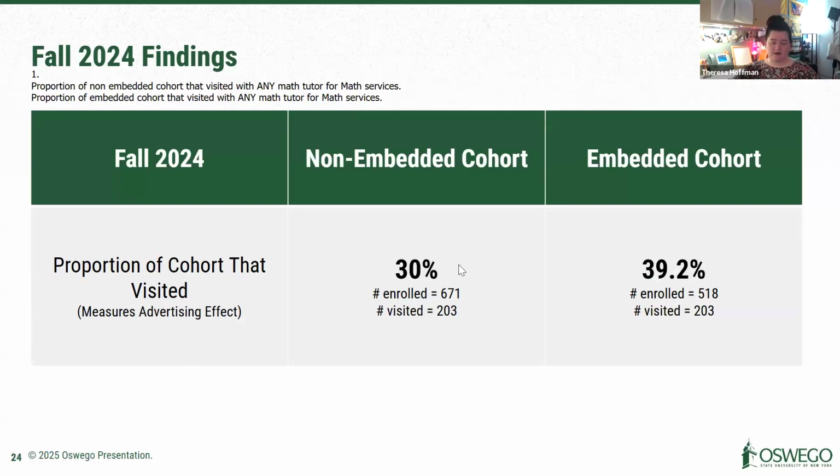In the non-embedded cohort, we had a 30% attendance, whereas in the embedded cohort, we had 39.2% attendance. This was measuring our advertising effect, getting people to come to the tutoring center. You can see there is a drastic difference between the non-embedded cohort and the embedded cohort. So as we can see from these numbers, having the embedded tutor in the class did help students come to the tutoring center at a higher rate.